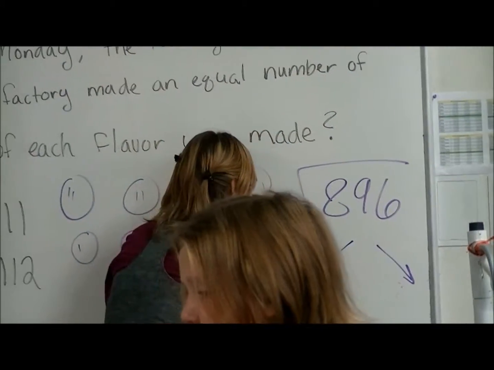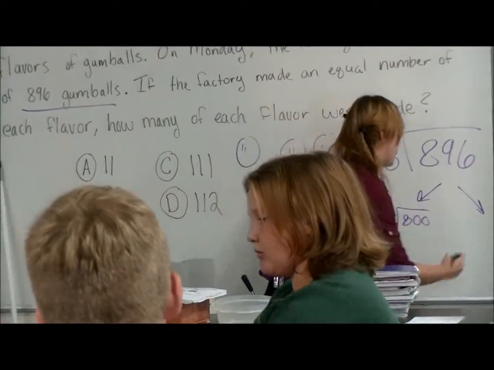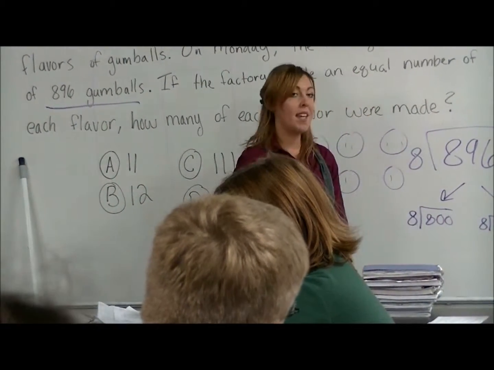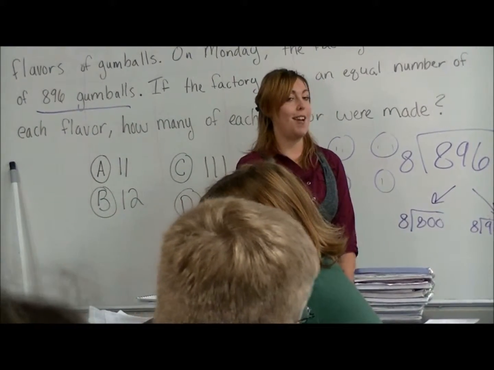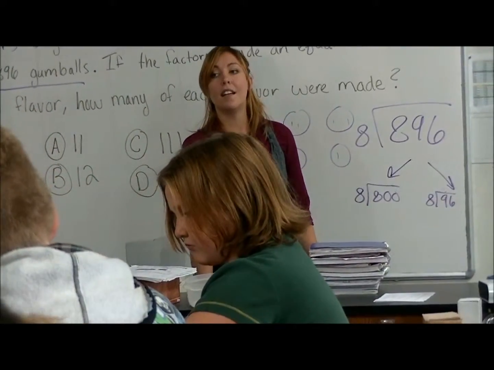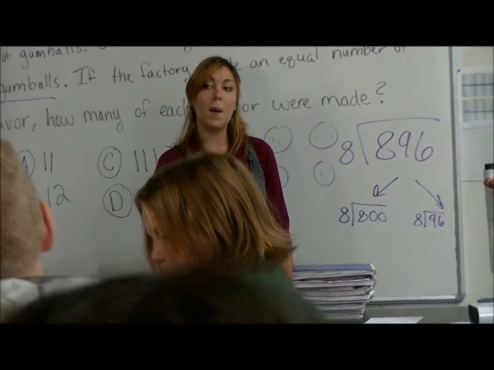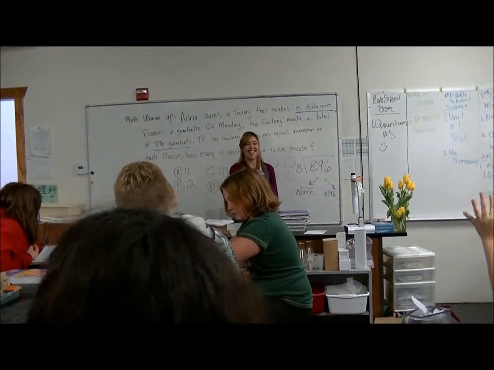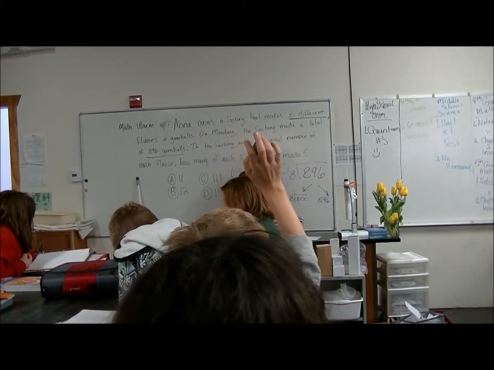I can actually say, well, how many times does 8 go into 800? And how many times does 8 go into 96? And I know the trick with zeros, right? What's 800 divided by 8? Courtney? 8. Eric? 0. 8 goes into 800 0 times?